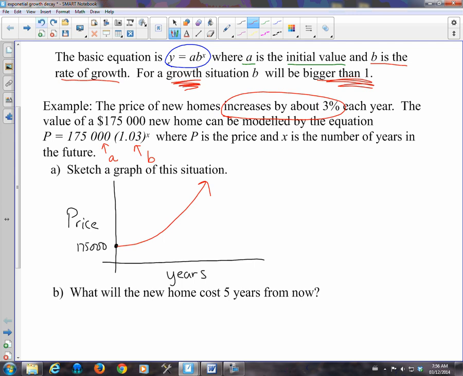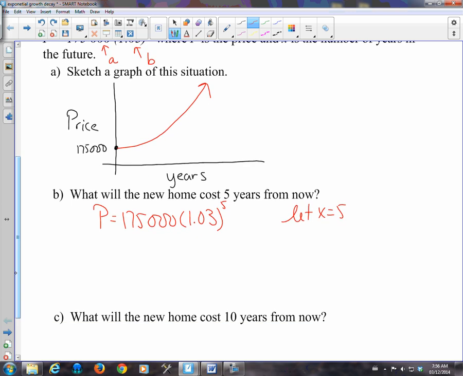What will the new home cost 5 years from now? So I take my equation, and I set x equal to 5, because x is the time, so I take out x and I put in 5. And I get out my calculator and I calculate it.